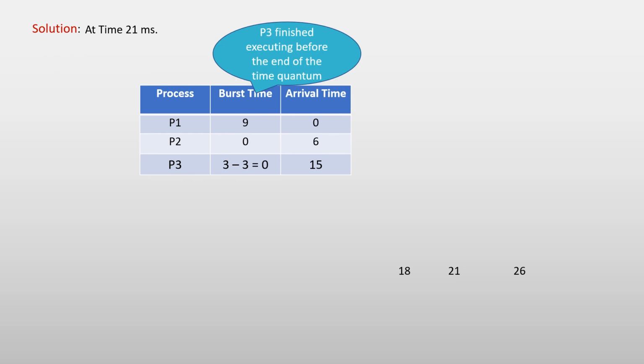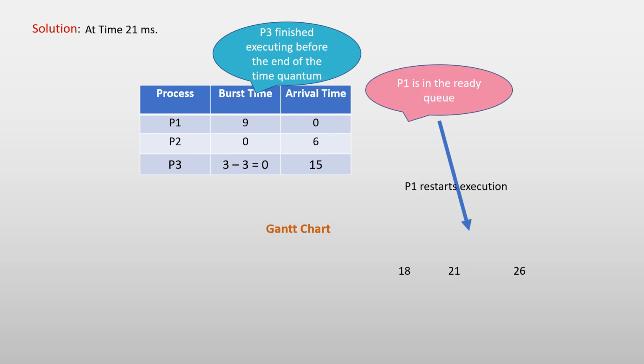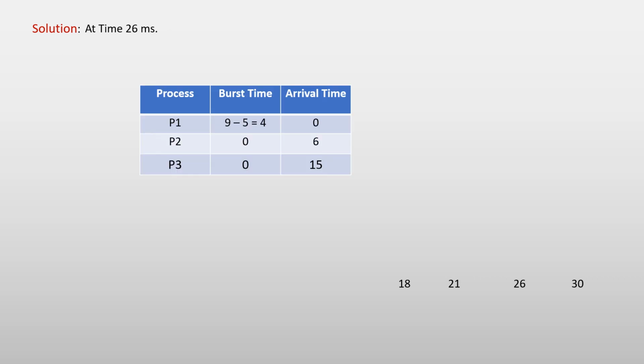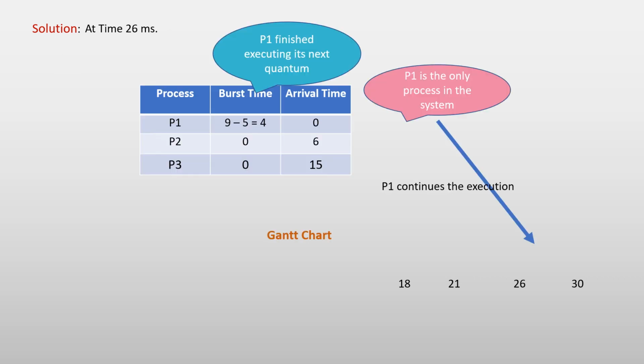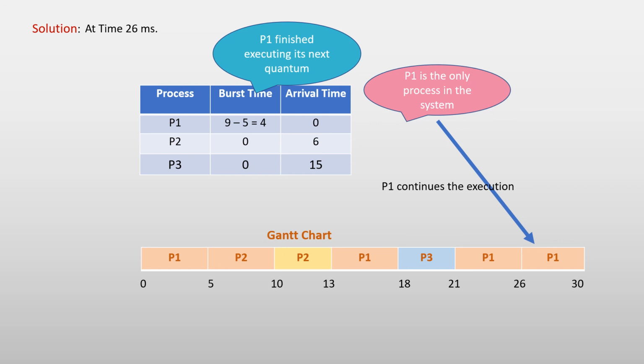The only process waiting in the ready queue is P1, so P1 gets the CPU. Of the remaining burst, the last 4 milliseconds are given to P1, so it finishes at 30 milliseconds.